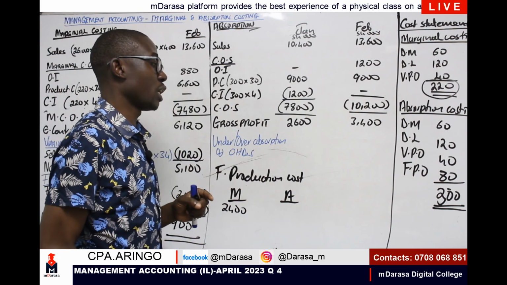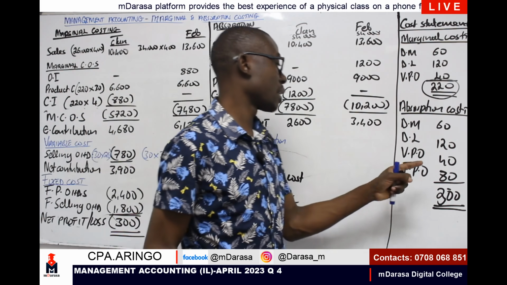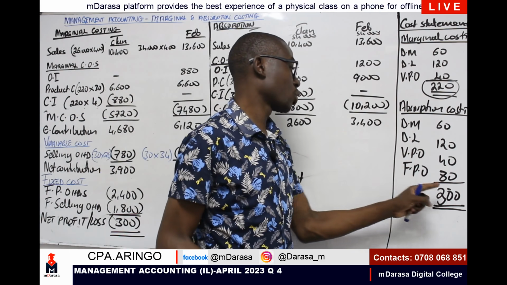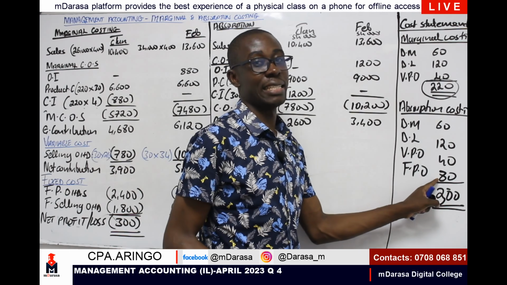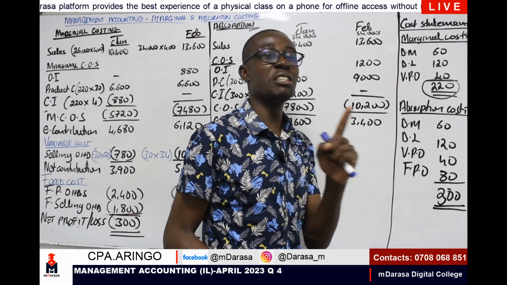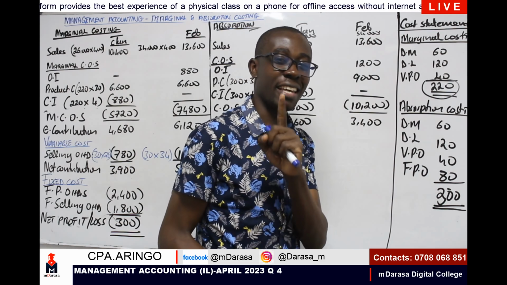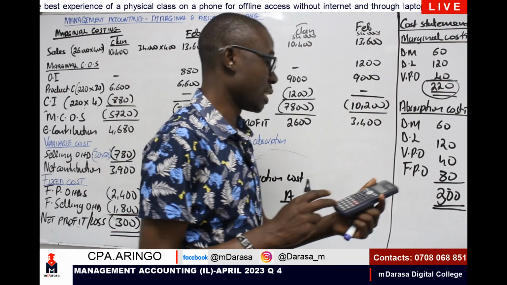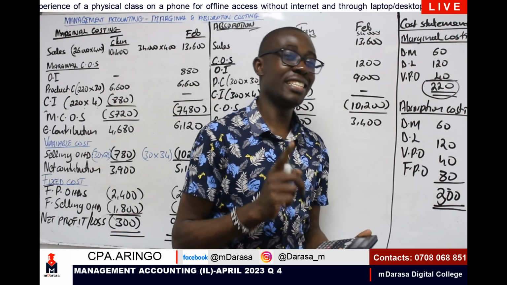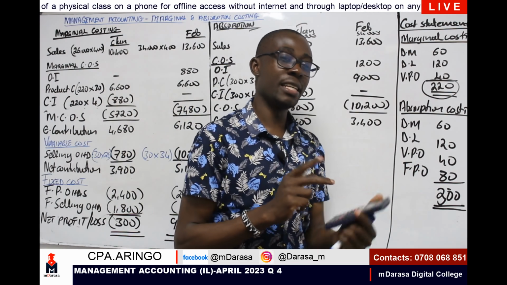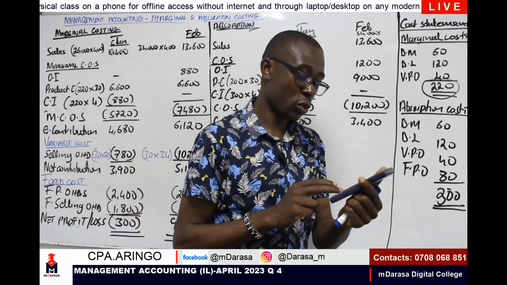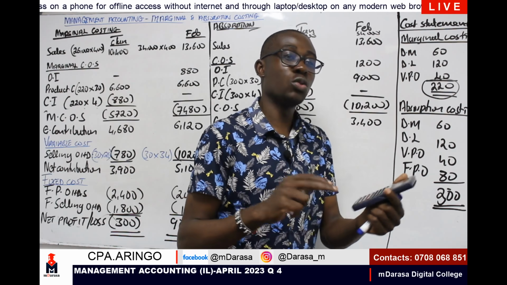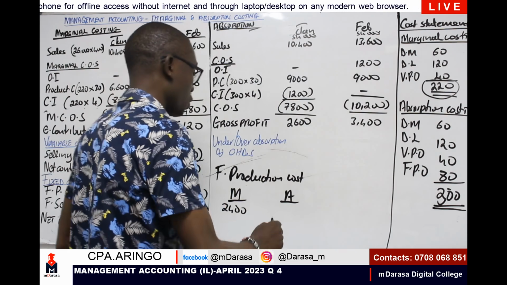I'm going to take the fixed production overheads, which was 80, and multiply by the number of units that we produced, which was 30,000, which literally gives us again 2.4.